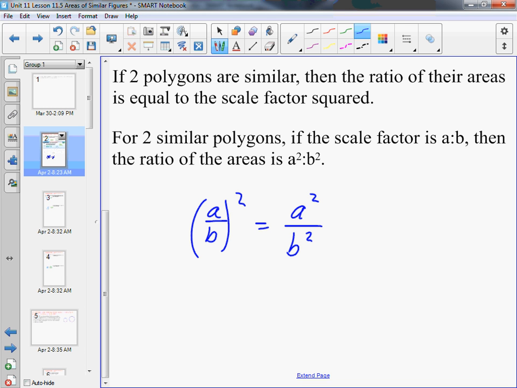So if the scale factor is A to B, then the ratio of the areas equals A squared to B squared. So if the scale factor is 2 to 3, then the ratio of the areas equals 2 squared to 3 squared. And we're going to use that. Okay? So I'll give you a second here to finish copying your notes that some of you are copying. Then we'll do a couple of examples.